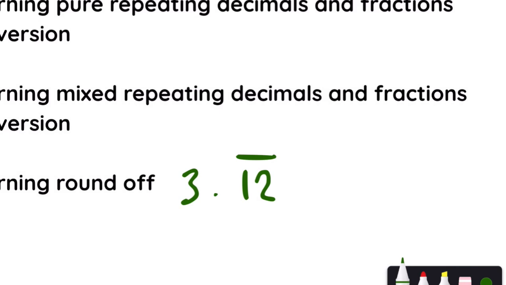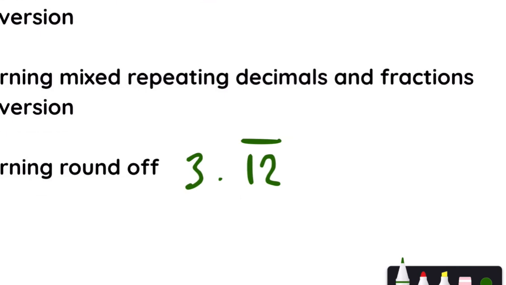And what are pure repeating decimals and mixed repeating decimals? We have two types of repeating decimals, pure and mixed. Pure is when all decimal digits are repeated, but mixed is when some decimal digits are not repeated and some are. So for example, guess what? This has two decimal digits and both of them are repeated.